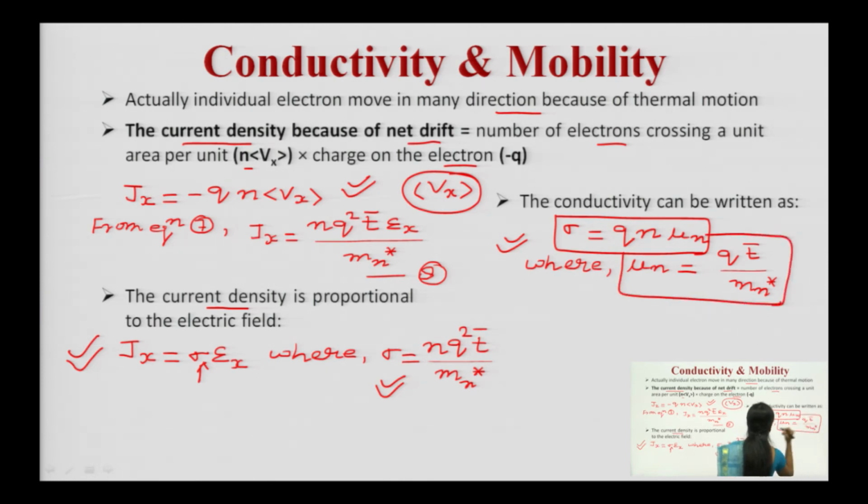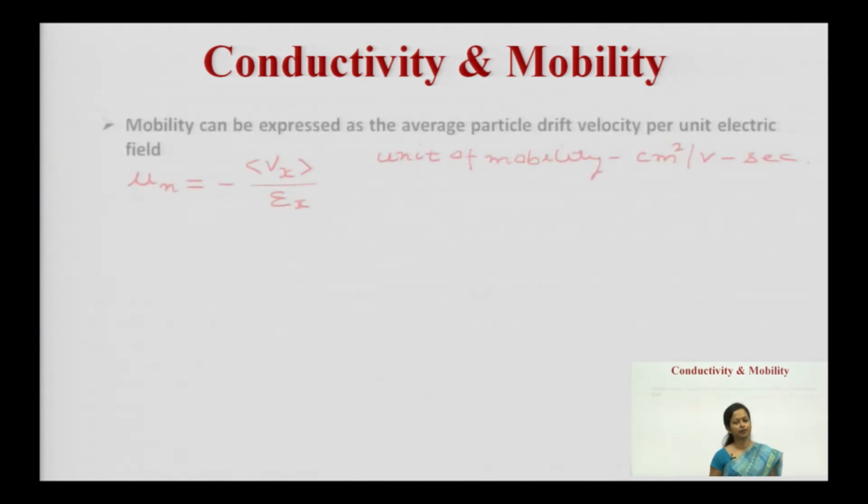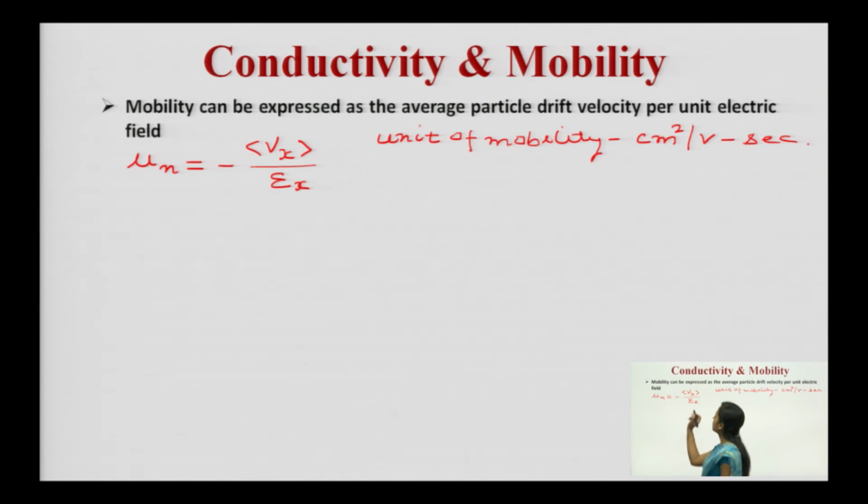So, this is how you can calculate the term for the mobility. μn is the mobility of the electron. Now, mobility can be expressed as the average particle drift velocity per unit field. So, what is mobility? Average Vx upon Ex, with a minus sign. The unit of mobility, you must remember, is centimeter square per volt second.